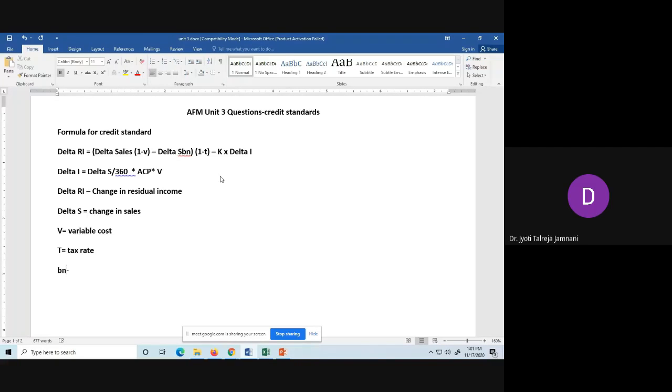BN is equals to bad debt loss rate. So rate of bad debt loss. K is equals to post-tax cost of capital.